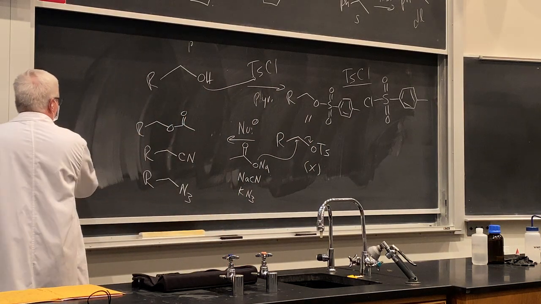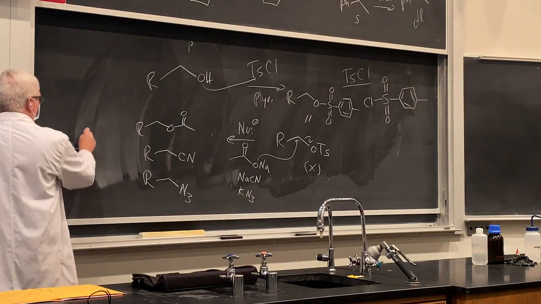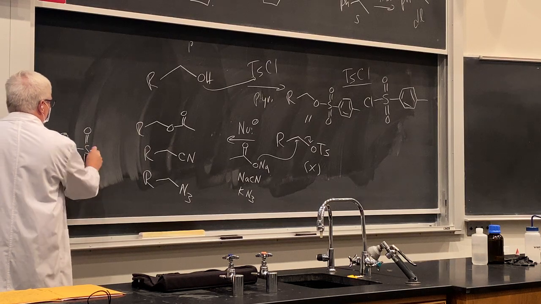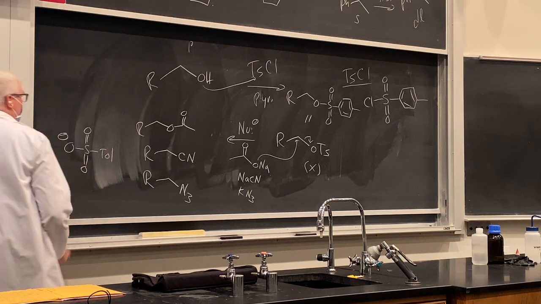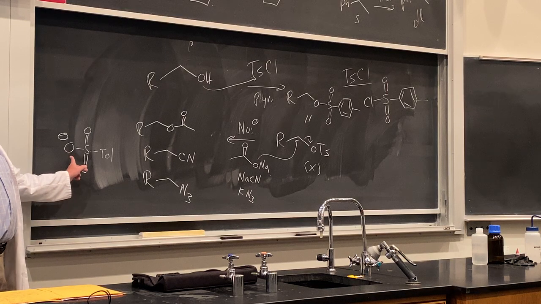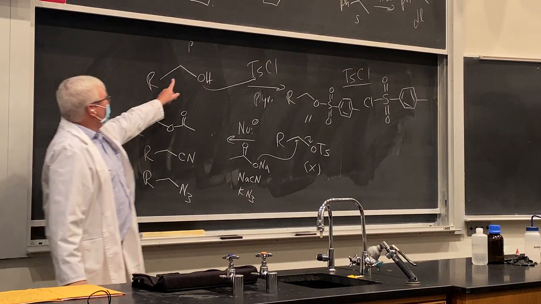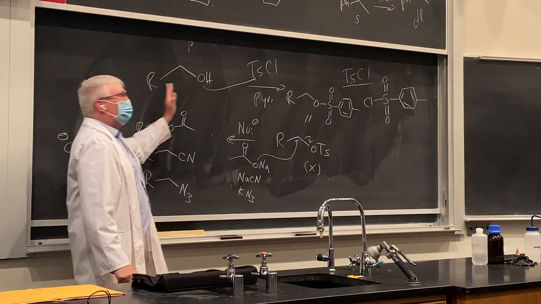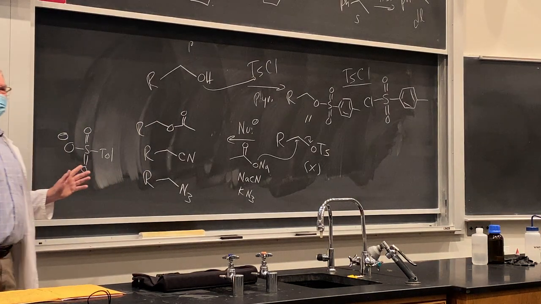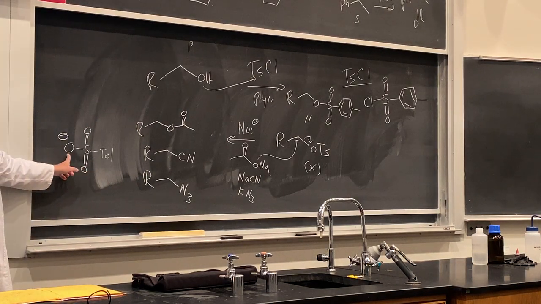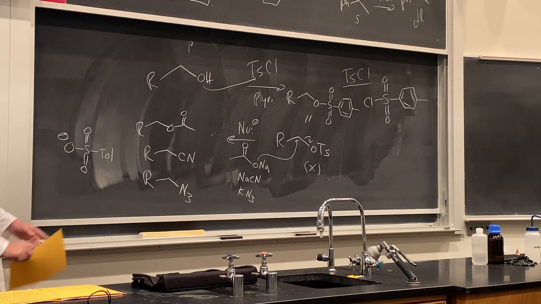And why? Because the byproduct here is O minus, okay? Toluene. Now, wait a minute. If alcohol was functioning as a leaving group, we'd also have O minus, right? We'd have hydroxide. But this is a different type of O minus, right? This is a sulfonate leaving group. And why is that possible?